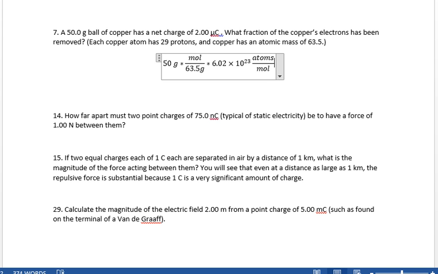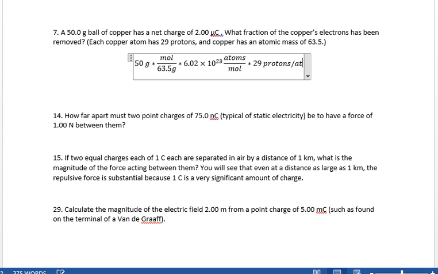So this gives us how many atoms, times 29 protons per atom, and this is going to give us the total number of protons, which in a neutral bit of copper corresponds to the total number of electrons.